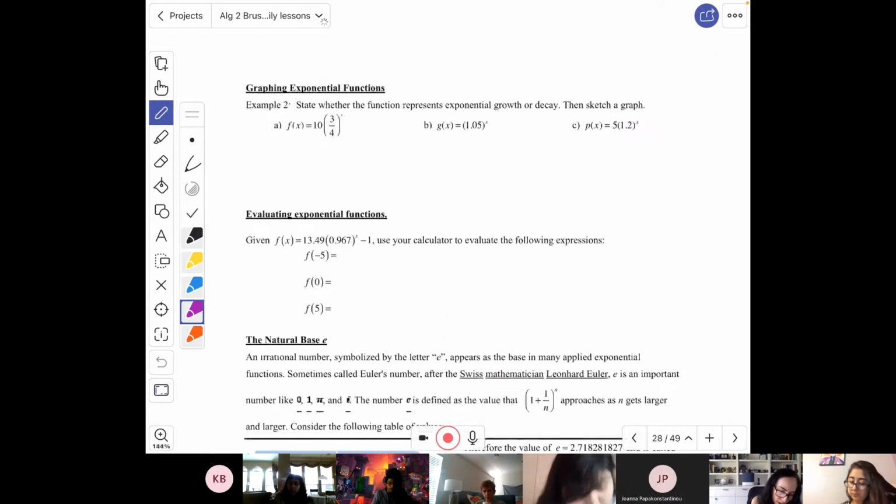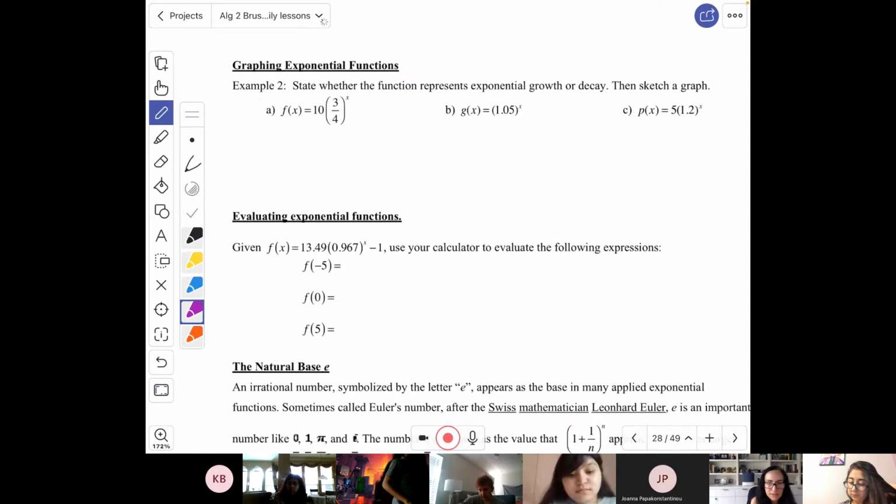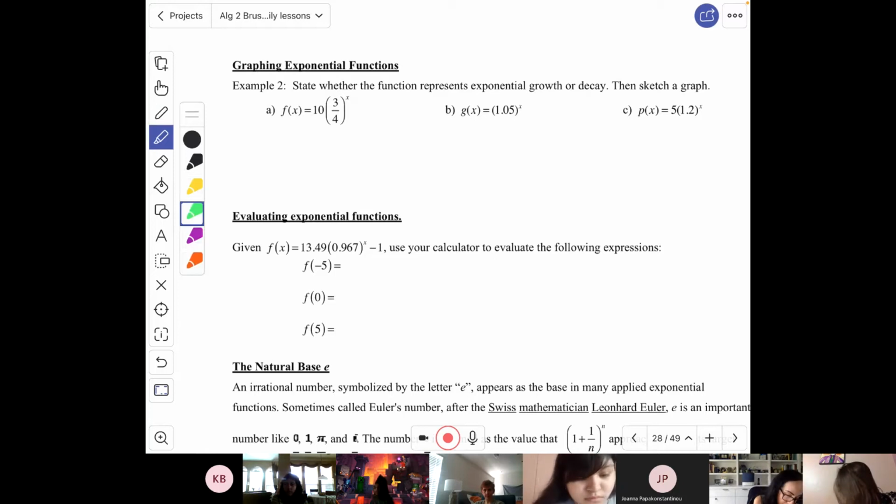Okay, so what about if we wanted to graph these? Nathan, I know how much you love to graph, so let's see if we can recognize whether we're working with growth or decay. We know they're exponential functions because the exponent is the unknown. So that's how I know it's exponential.